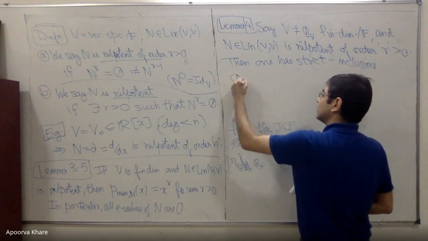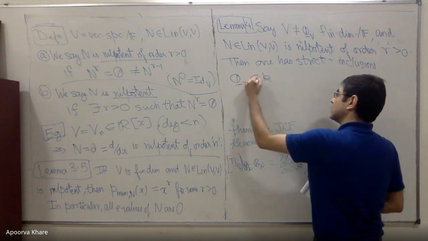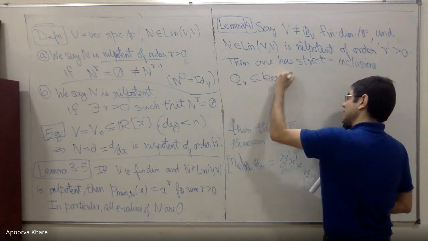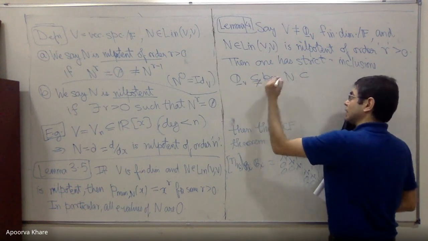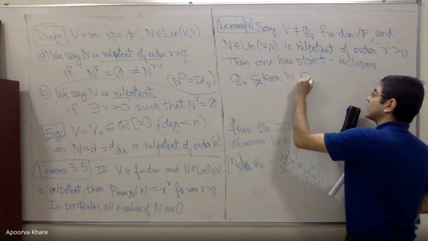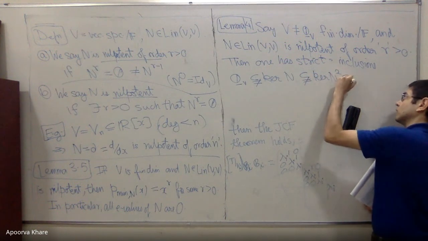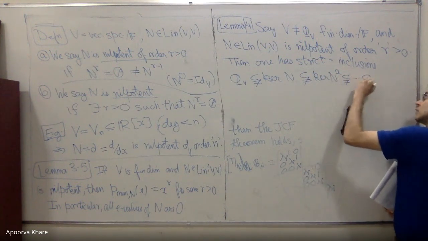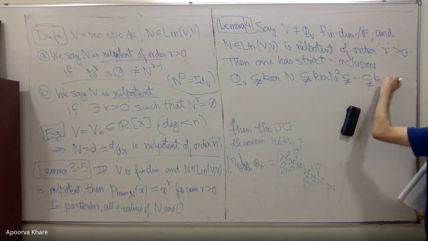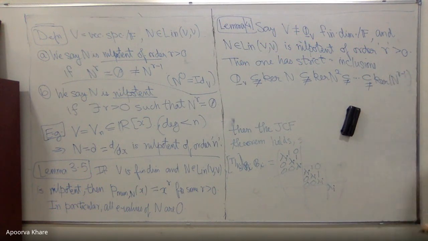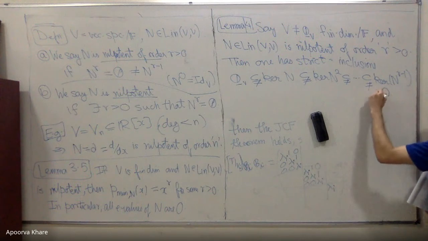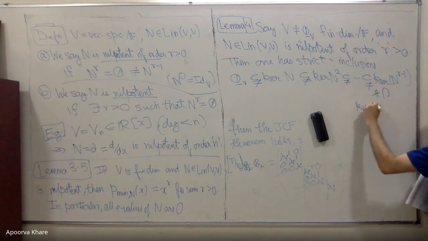So 0 is contained in the kernel of n, but strictly contained. Is strictly contained in the kernel of n squared, and so on, strictly contained in the kernel of n to the r minus 1, which is strictly contained in the kernel of n to the r.